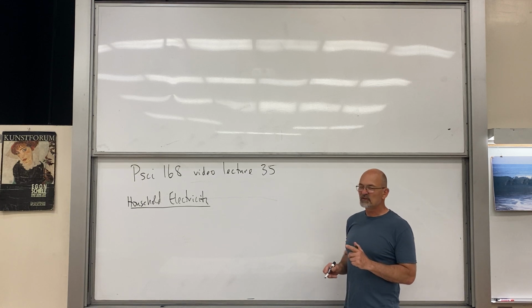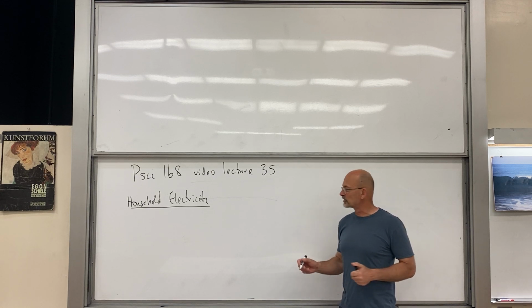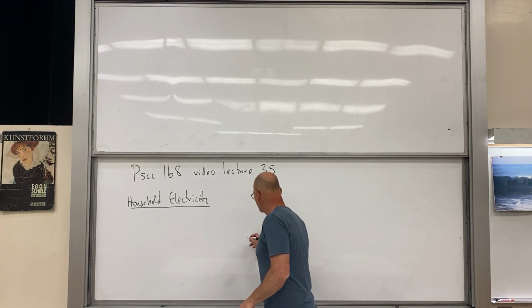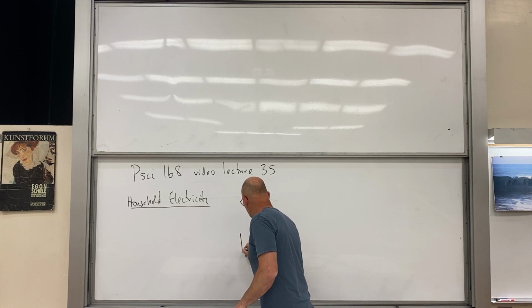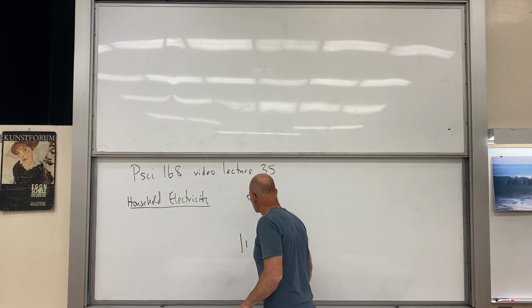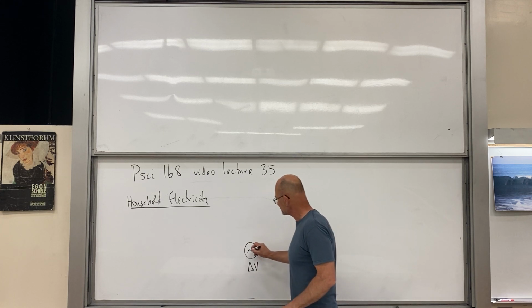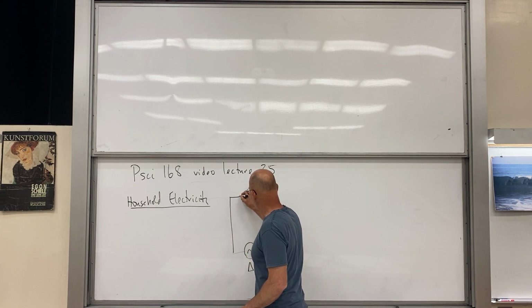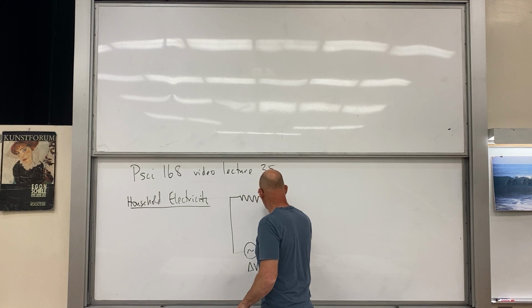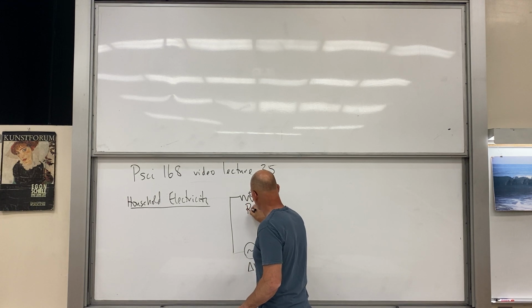But for now, I'm just describing everything in terms of our simple circuit. Despite the fact that we're talking about alternating current, instead of a battery, I'll draw this source here. It's a delta V, hooked up to a resistor R.